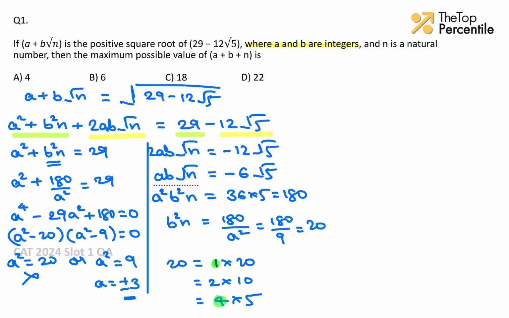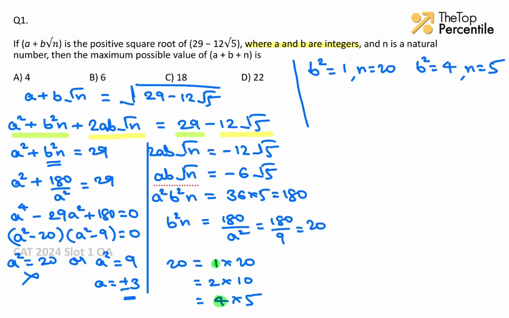Similarly, I can take b square as 4 and I cannot take it as 5, 10 or 20. Okay. So I have two cases of b square, it will be either 1 or 4. Then b square will be 1 and n will be 20, and b square will be 4 and n will be 5.